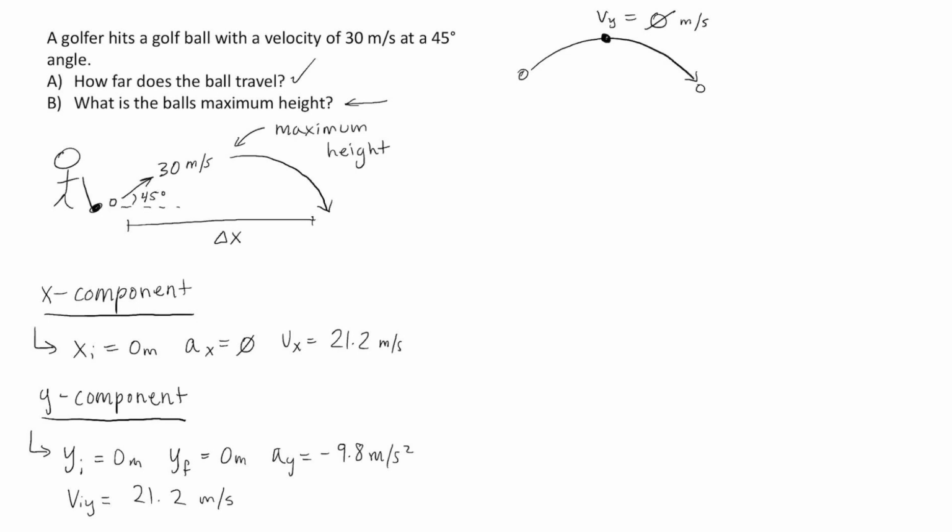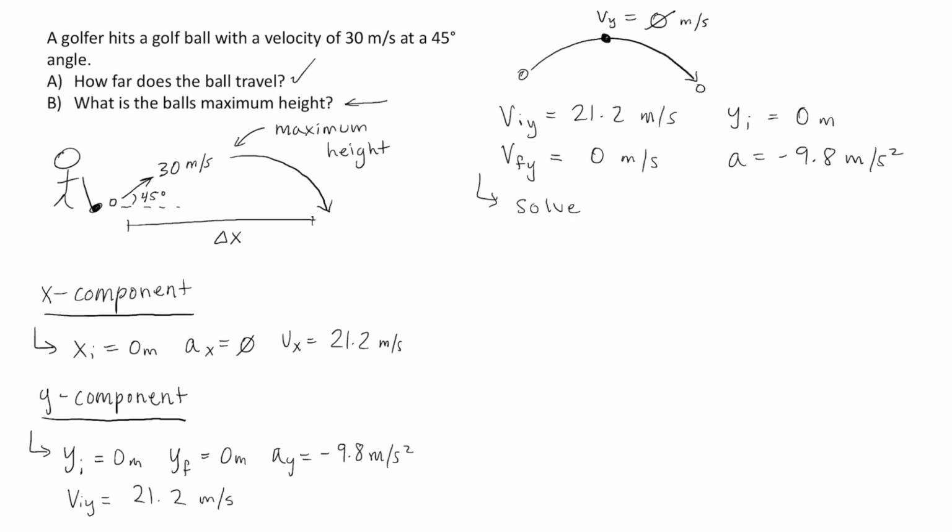And we had learned in free fall motion, at the maximum height, the velocity is equal to 0. And now if we look at what we have in the y component, the initial velocity was 21.2 meters per second, the final velocity was 0 meters per second, the initial position was 0 meters, and because it's free fall, the acceleration was negative 9.8 meters per second squared.